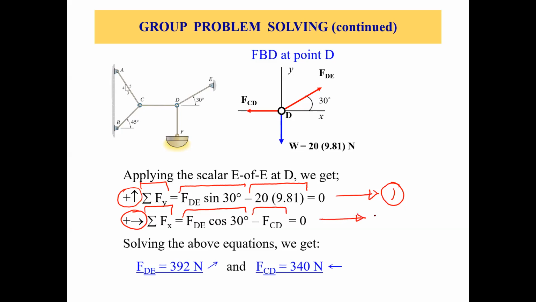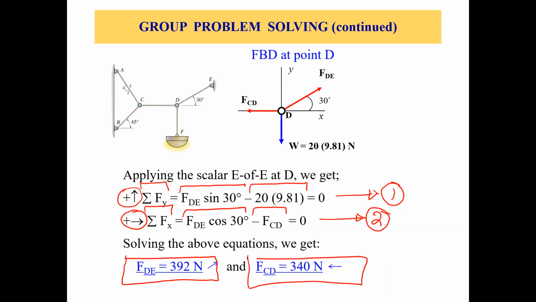This gives us equation 2. We only have two unknowns, FCD and FDE. Solving these two equations, FDE is 392 newtons and FCD is 340 newtons.